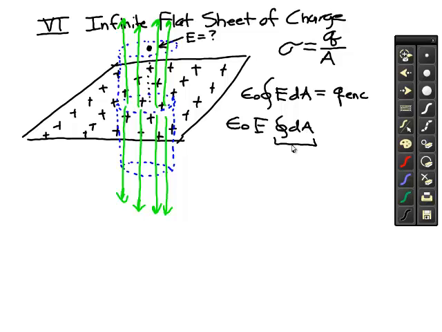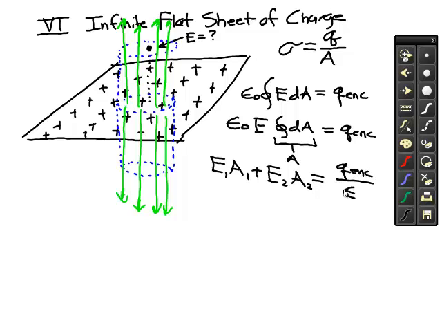For now, I'm just going to call this the area of one end. So E times the area of one end plus E times the area of the other end is equal to Q enclosed over epsilon naught. The point I'm making is we've got E going in two different directions, and we kind of have to pay attention.